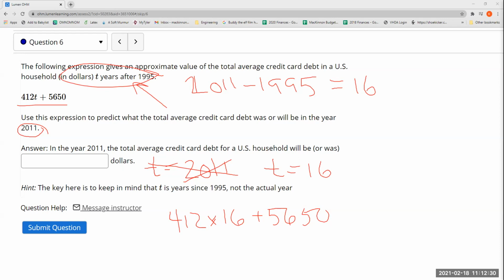And I get $12,242. Okay. So that's going to be question 6. The real trick here is identifying what the T value represents.